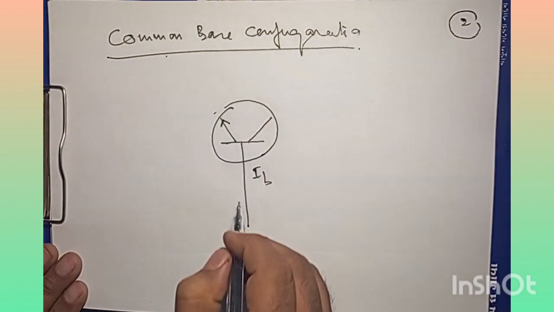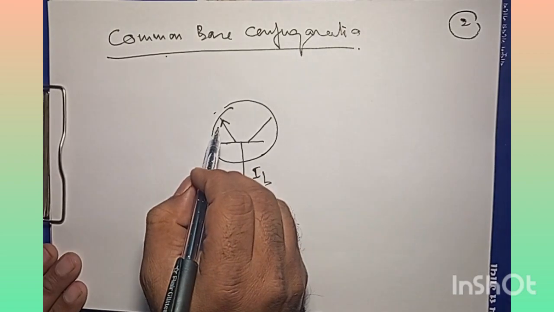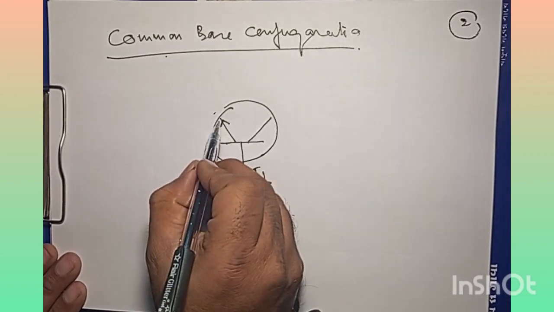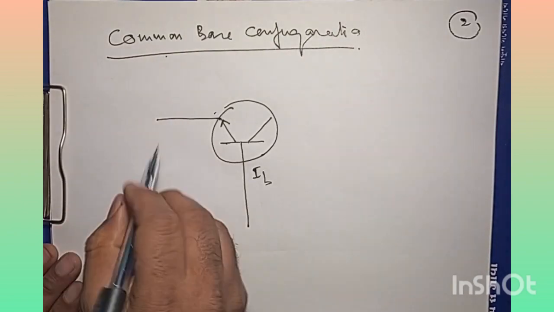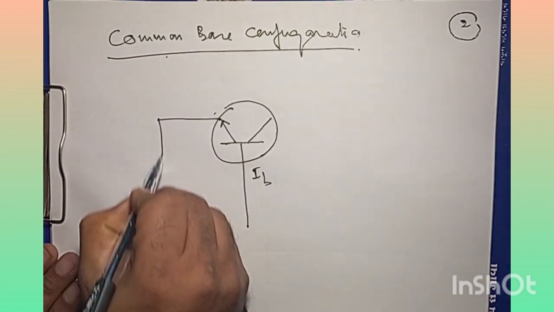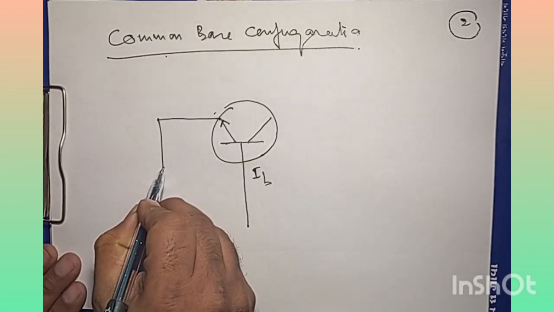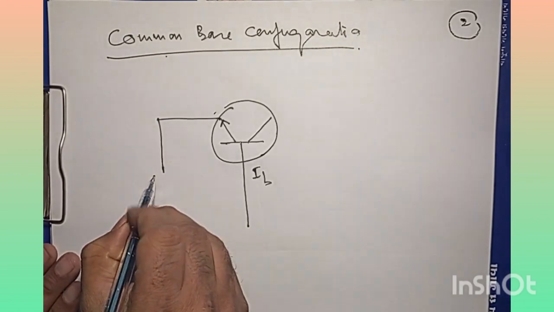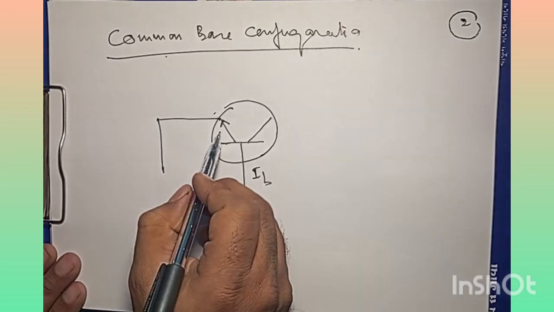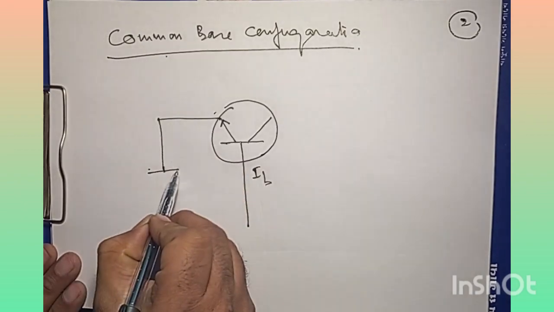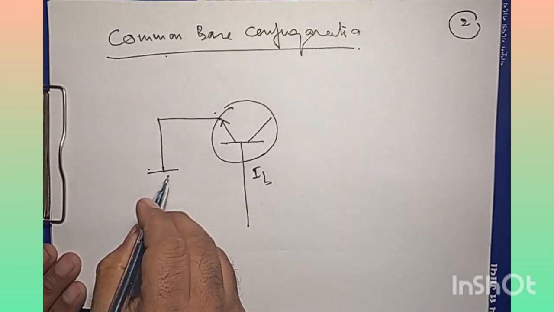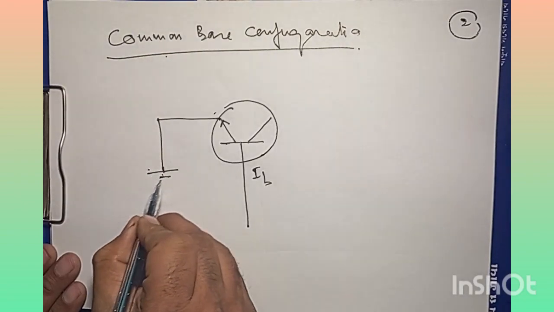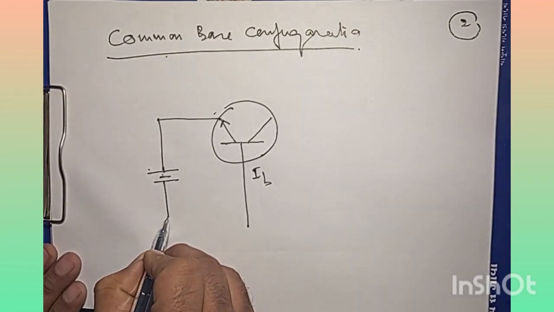So what we have to do is make sure that its input is forward biased. So for that I will be using positive here, and this will be the input circuit.